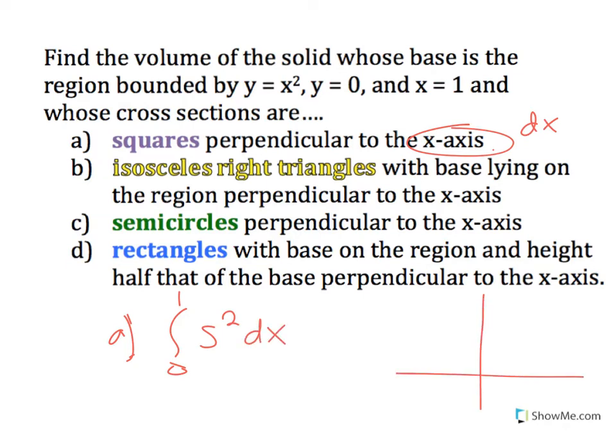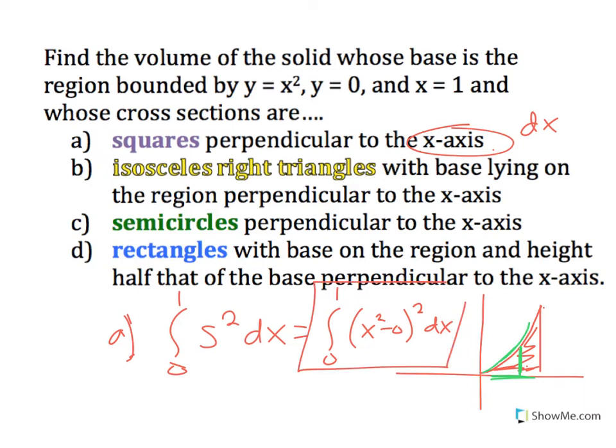If you look at that region, it's really the area underneath x squared from 0 to 1. The side length of the square is going to be that distance, top minus bottom, which is the x squared minus 0 function. So the side length itself is x squared minus 0, that vertical distance. So in this case, it's just integrating x to the fourth. But this is the setup for a square.